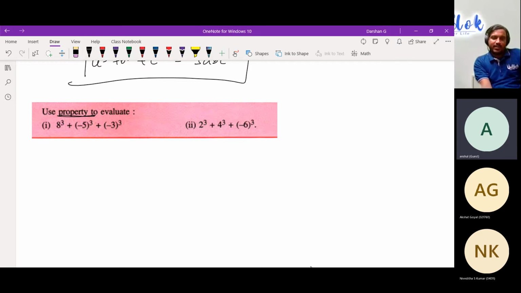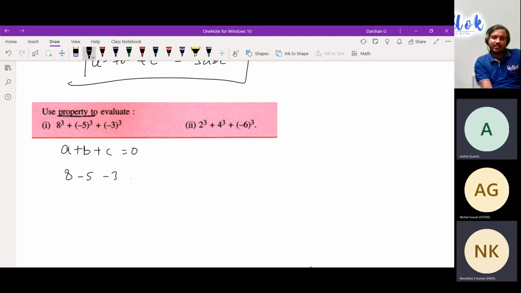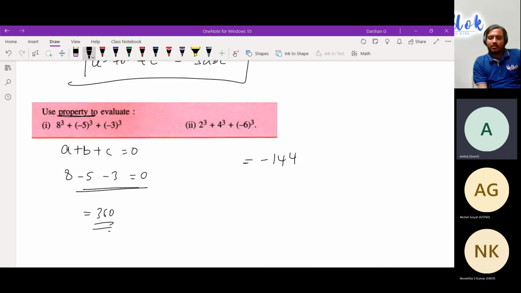When is that applicable? That is applicable when a + b + c equals 0. So it is 8 − 5 − 3. Yeah, so the first answer is 360 and the second one is −144. Can you quantify this answer? Is this right? Akshat? One second, I'm doing it.